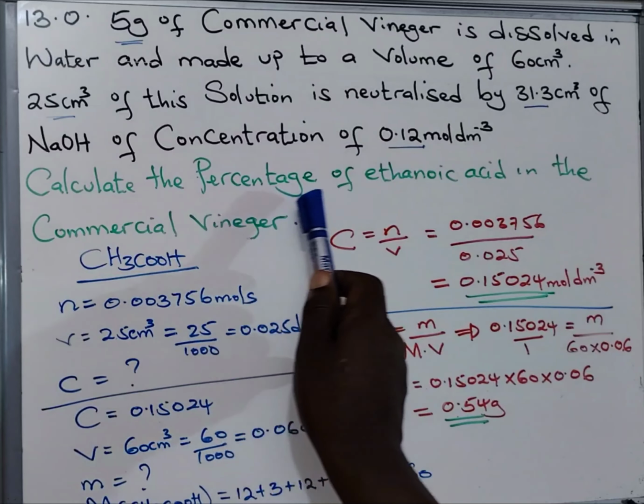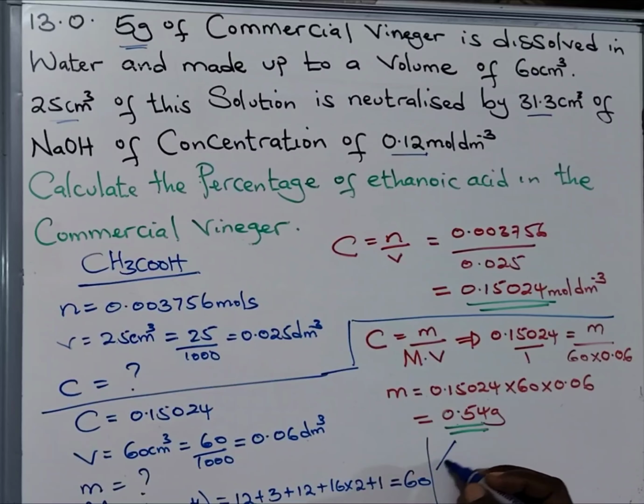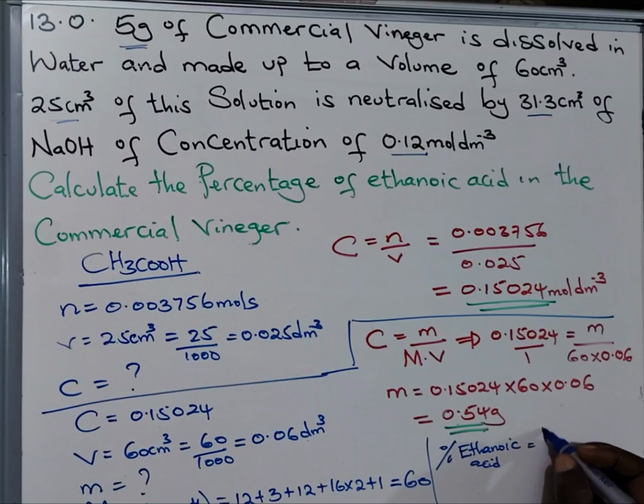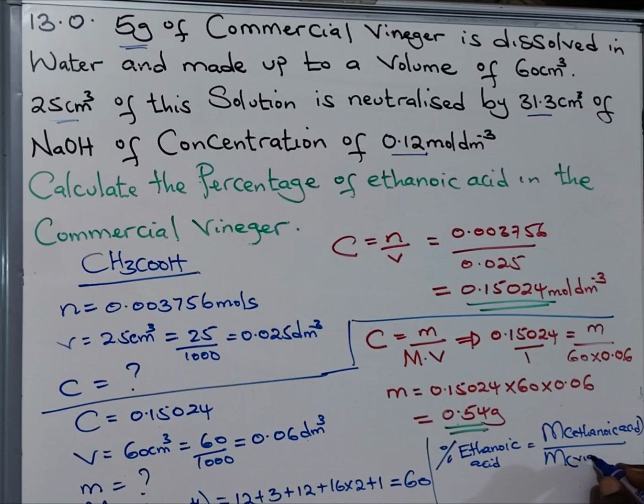The question says calculate the percentage of ethanoic acid. So here you have to know that percentage of ethanoic acid is equal to mass of ethanoic acid over mass of vinegar times 100.